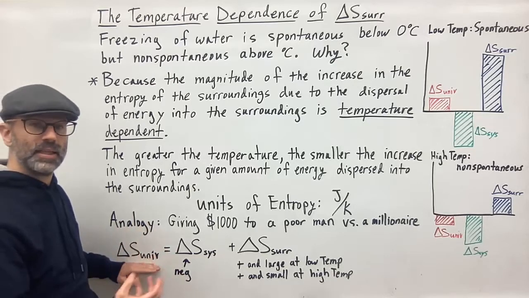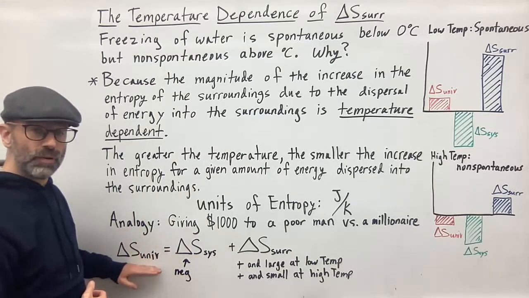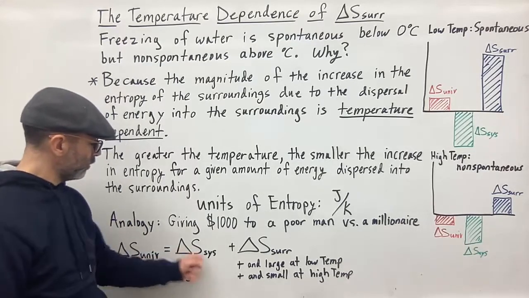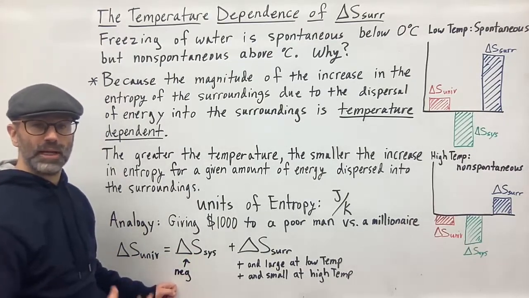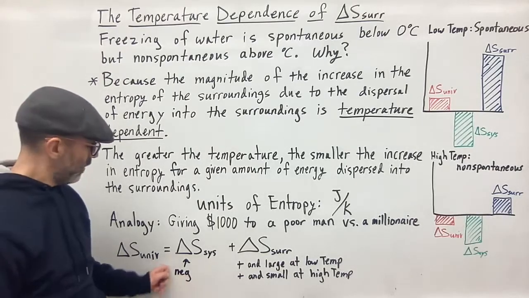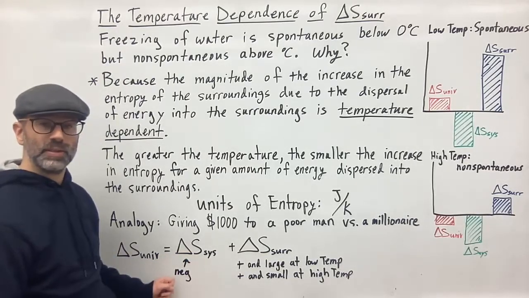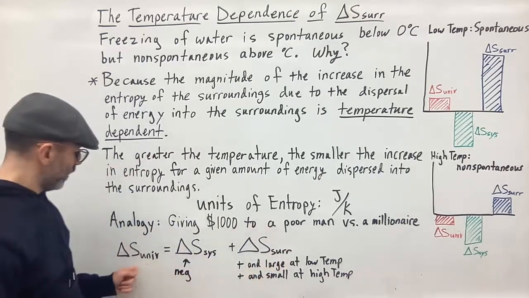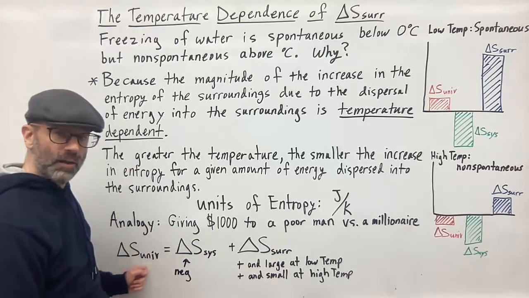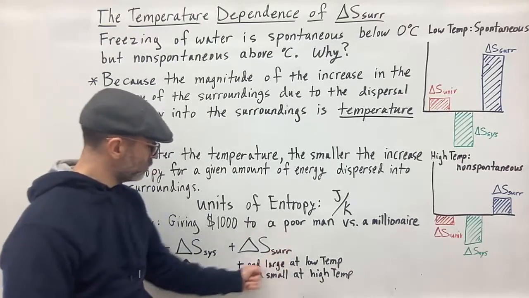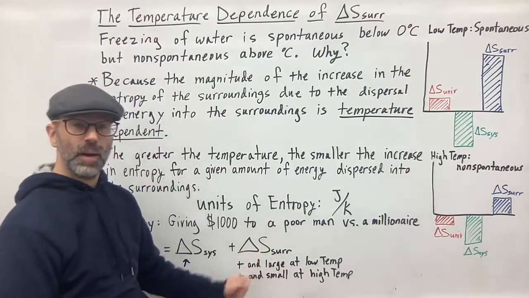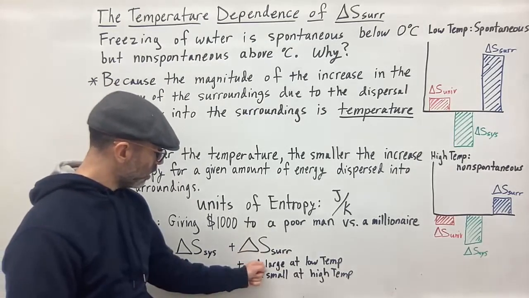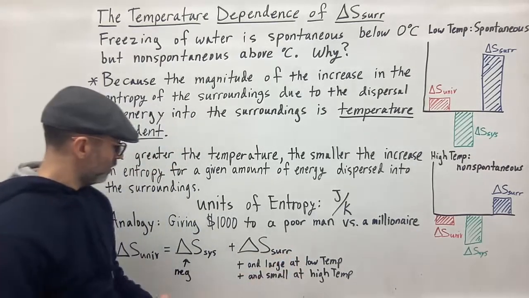So in the system, for example our freezing water or the condensation of water into fog, the entropy is going to be negative, and in order for the entropy of the universe to be positive, the entropy of the surroundings has to be positive, but this is dependent on temperature. It's going to be positive and large at low temperature, right?